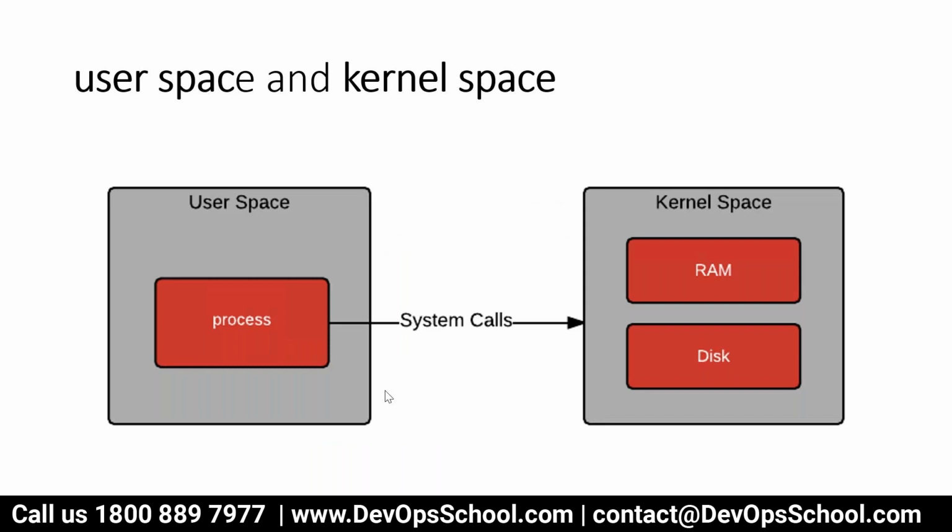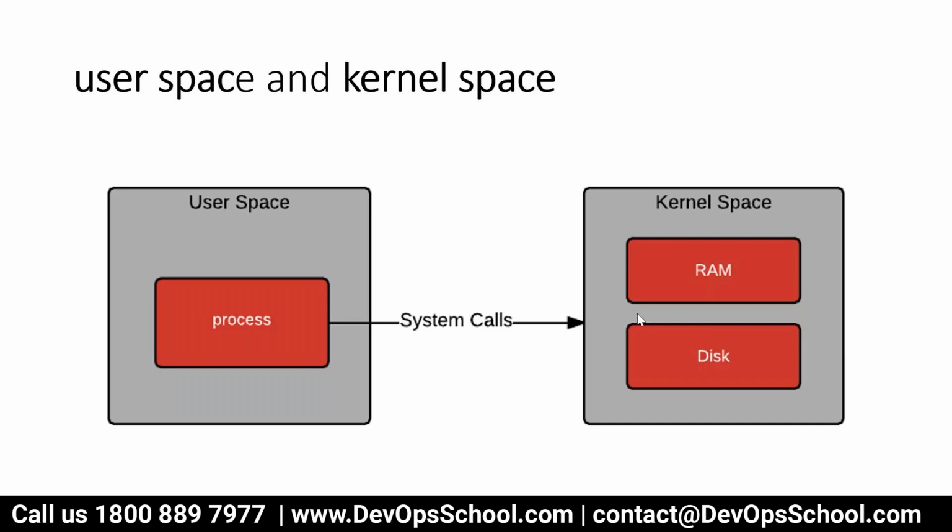Look at this here. Now the question is, in this image, understand this: kernel space has all the processes, and only the kernel, remember that, accesses the hardware like RAM, CPU, storage, network, input and output.